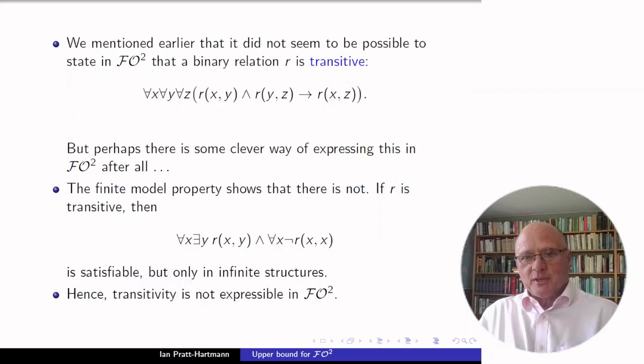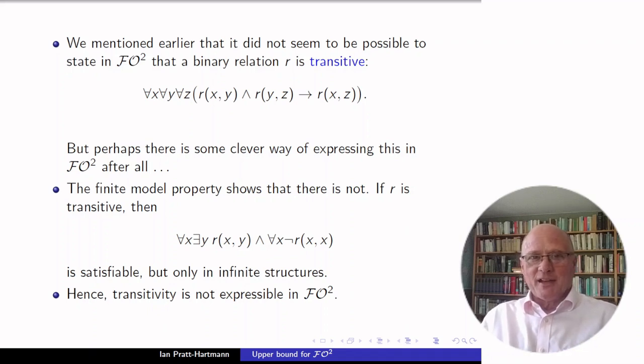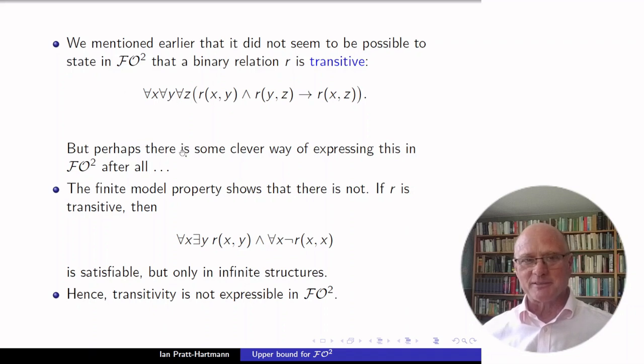So I'll finish with, if you like, dessert, which is a proof that transitivity cannot be expressed in the two-variable fragment. I mentioned earlier that there doesn't appear to be an FO2 formula saying that R is transitive, and the most obvious way of saying that R is transitive requires three variables.